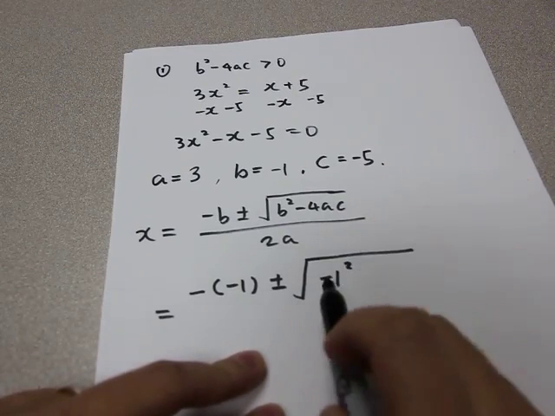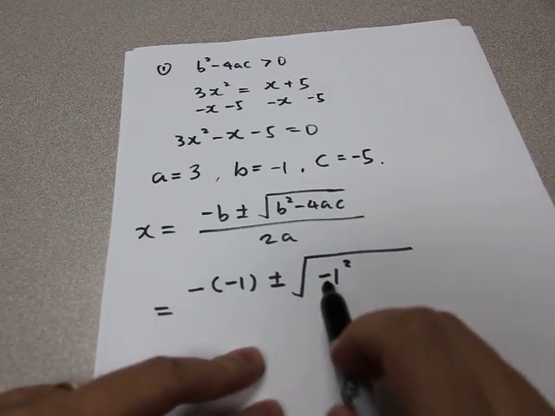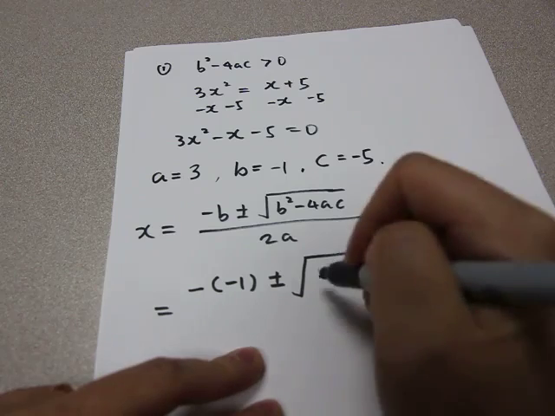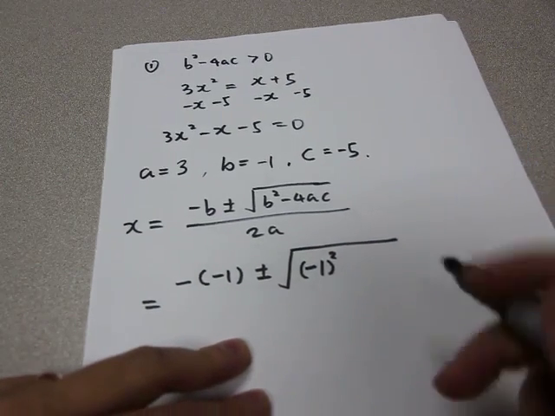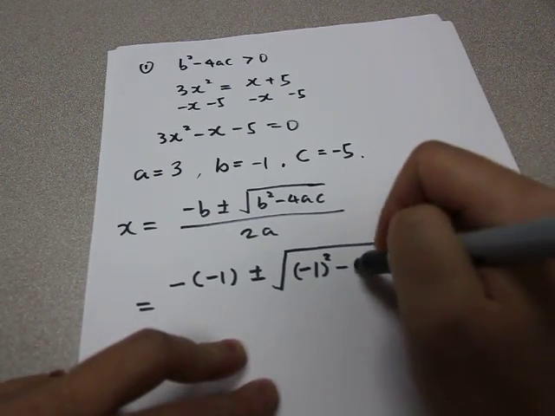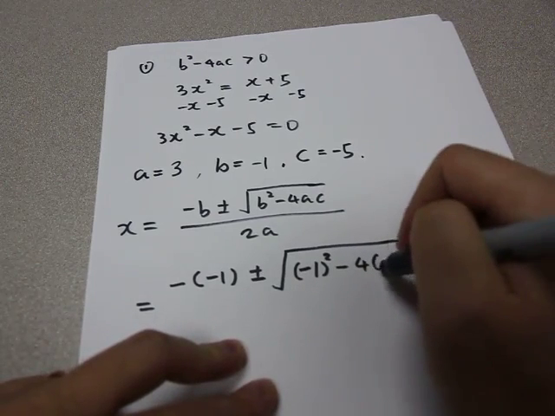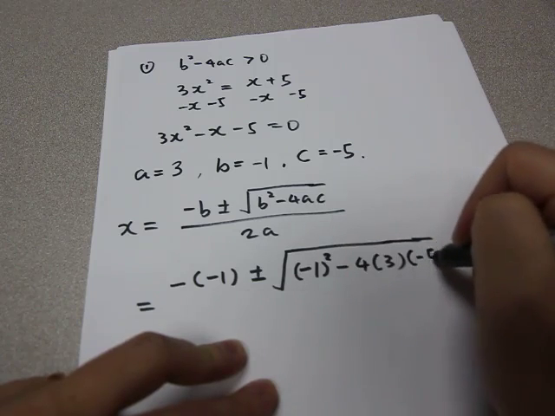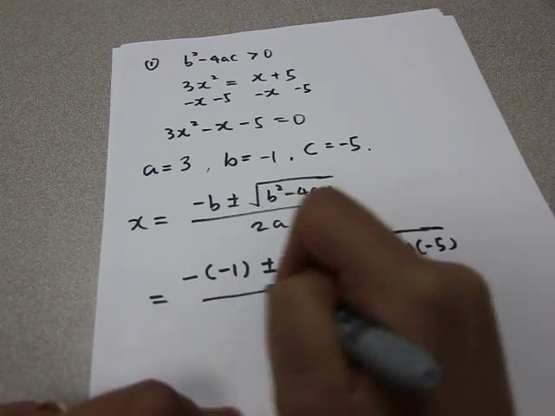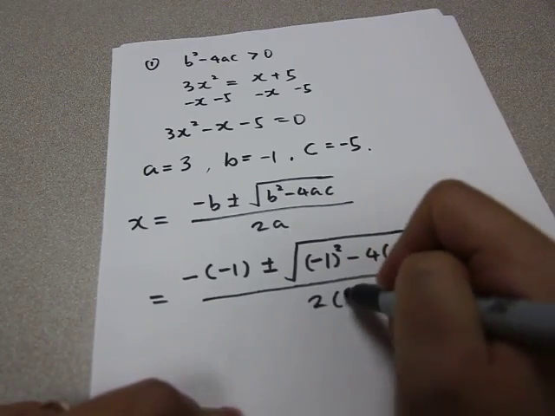Remember, this is not the right way to write -1 squared. You must add parentheses. And minus 4 times 3 times -5, over 2 times 3.